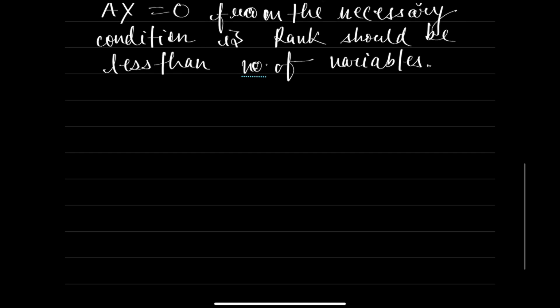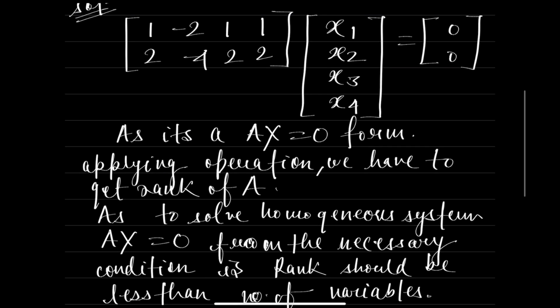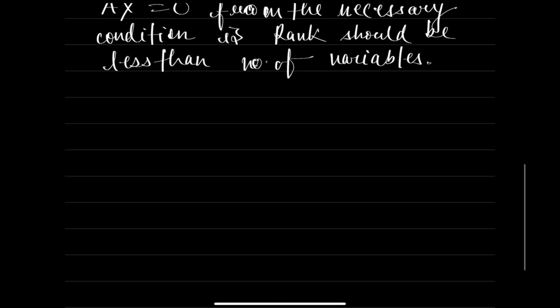So the operation applied will be R2 equals row 2 minus 2 row 1. It becomes 1 minus 2 1 1 and 0 0 0 0.